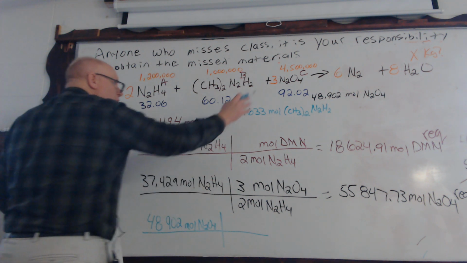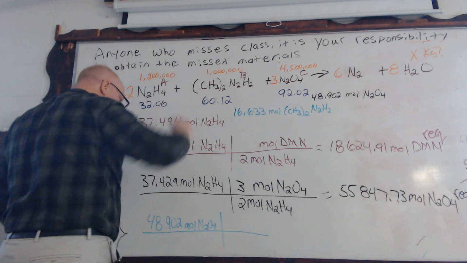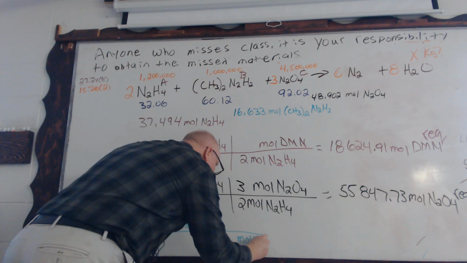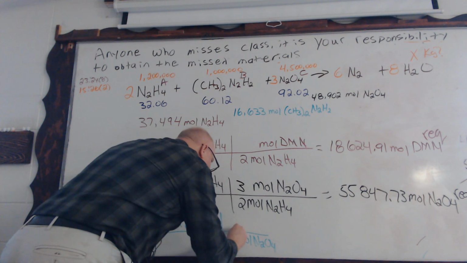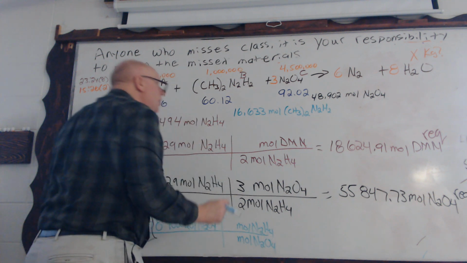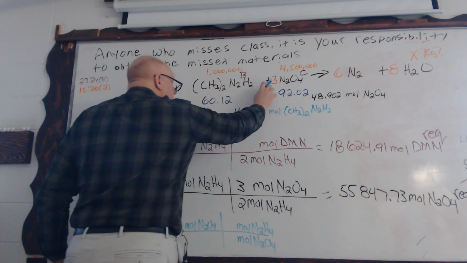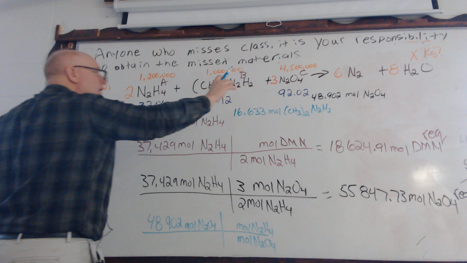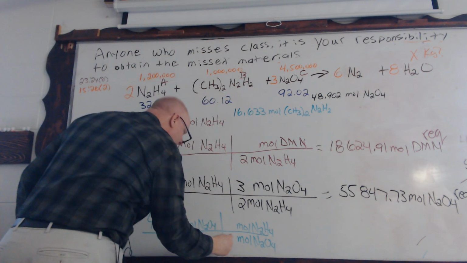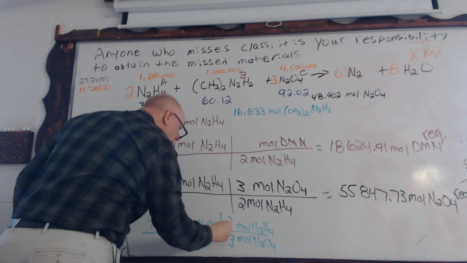We're going to convert moles of C to moles of A now. So here's our mole ratio, a mole of N2O4. We get a mole of N2H4. Going back to our equation, we need a 3, it looks like, on the bottom, and we need a 2 up there.